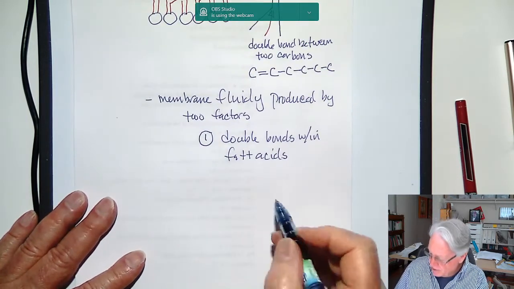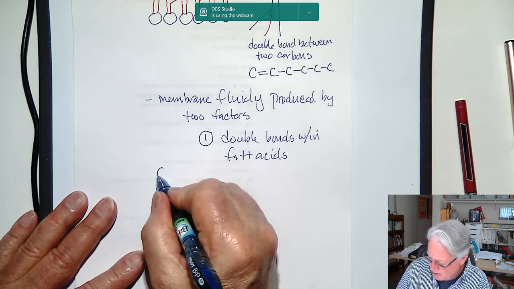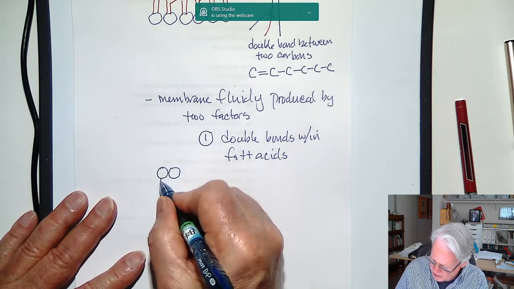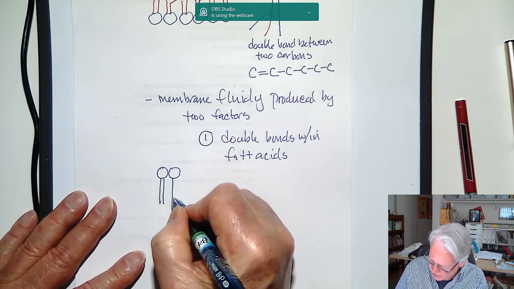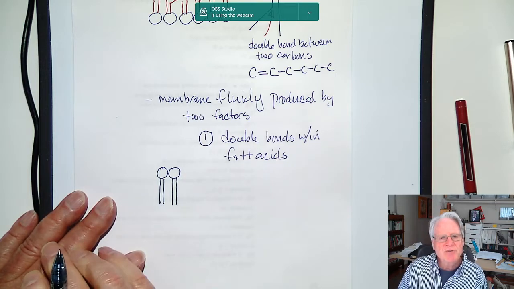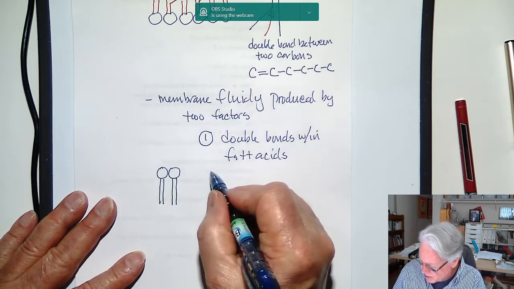And what that does is, let me give you two examples. Let me give you two fatty acids right here, neither of which has a double bond. Those two fatty acids can get quite close together because there's nothing pushing them apart.